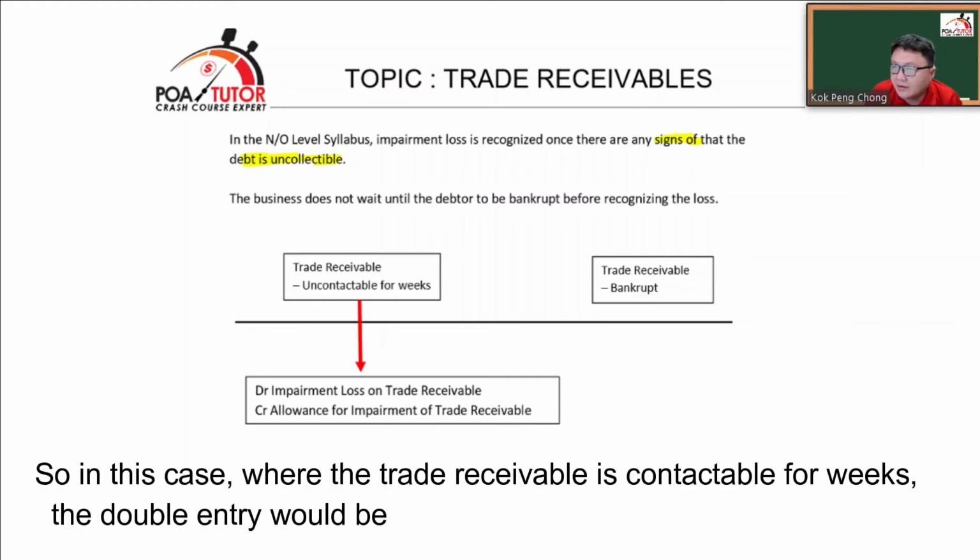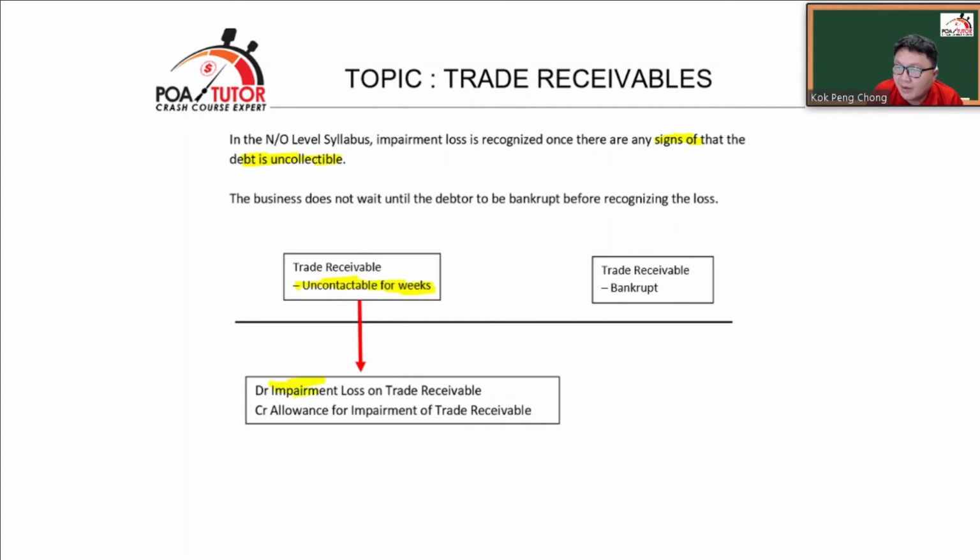So in this case, where the trade receivable is uncontactable for weeks, the double entry will be debit impairment loss on trade receivable and credit allowance for impairment of trade receivable. The allowance account is created to recognize the possible loss in trade receivables.